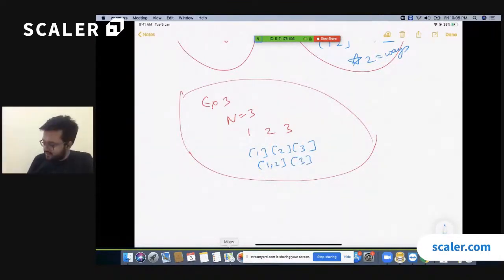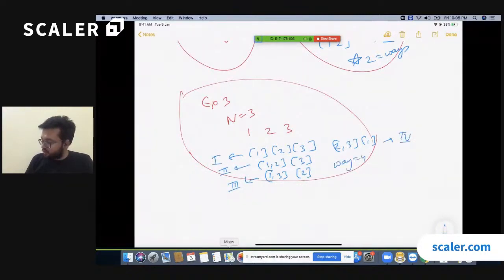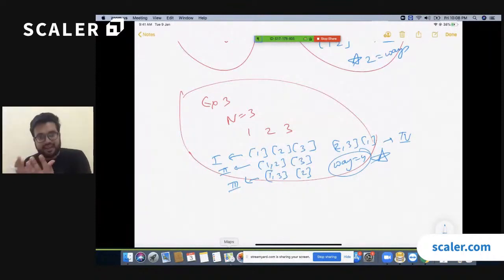The third option is that persons 1 and 3 are enjoying the party as a pair, and person 2 is enjoying the party alone. The fourth option is that maybe 2 and 3 are enjoying the party together, and 1 is enjoying alone. So there are 4 ways. This is 1, this is 2, this is 3, and this is 4. So the number of ways in this question would be equal to 4. Cool. So we have discussed that for three people in the party, there are 4 ways to enjoy the party.